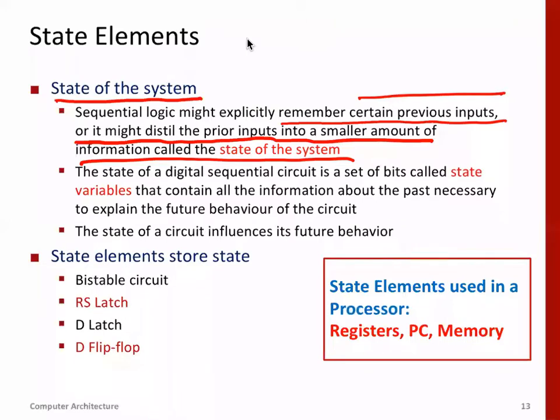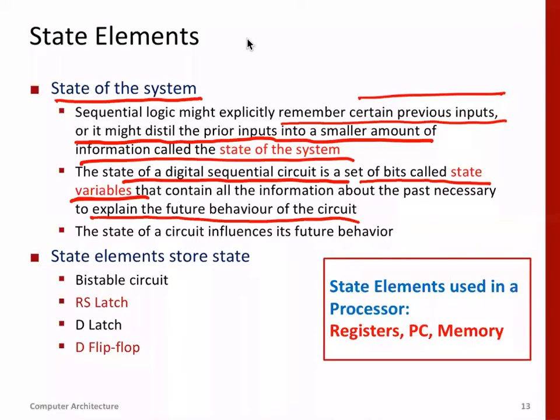All right, and then we have the state of the system. We define it using state variables. State variables contain information about the past necessary to explain future behavior, or necessary to get into the next state.